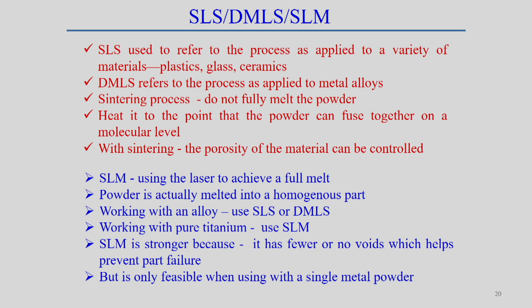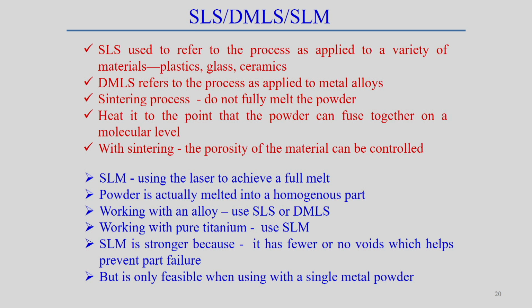Selective laser melting is definitely stronger as compared to the sintering process, but there may be another issue in applying melting when you try to mix two different metallic powders, or try to handle an alloy system.